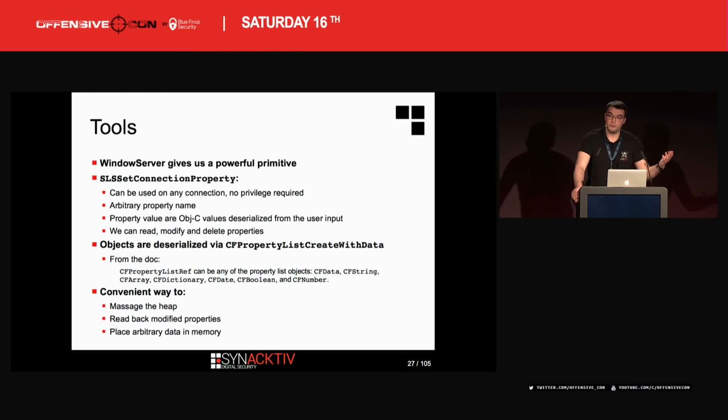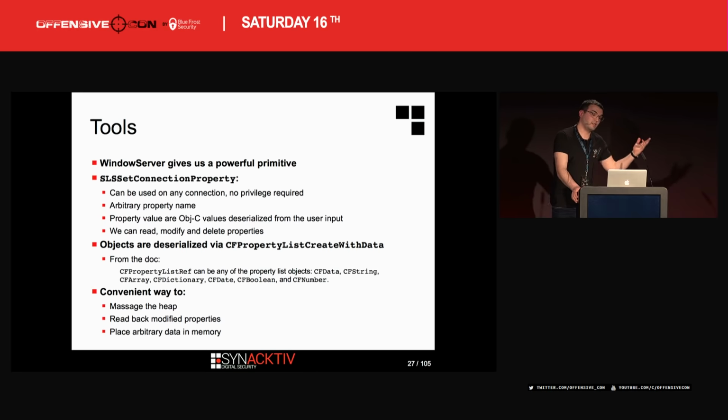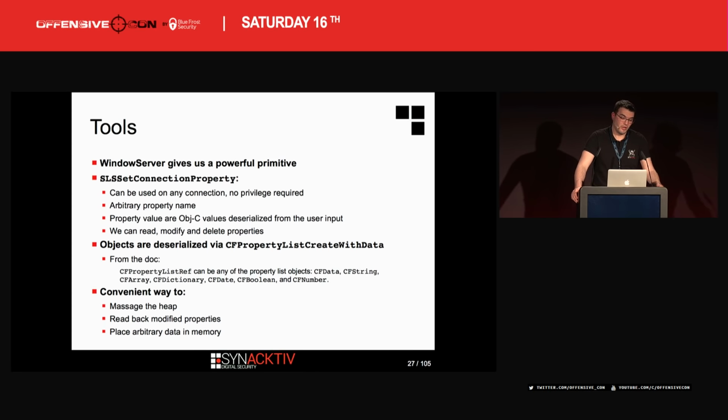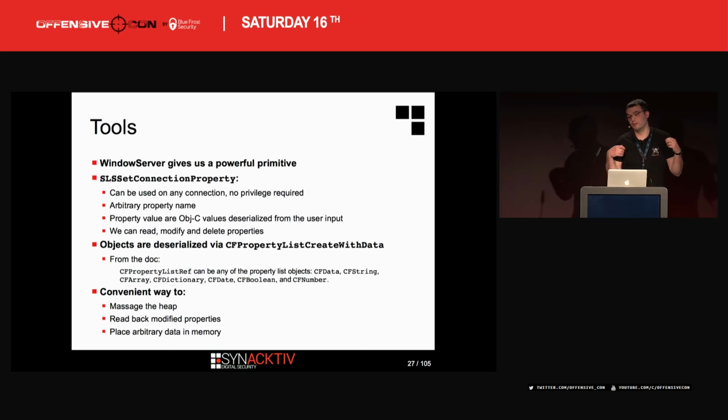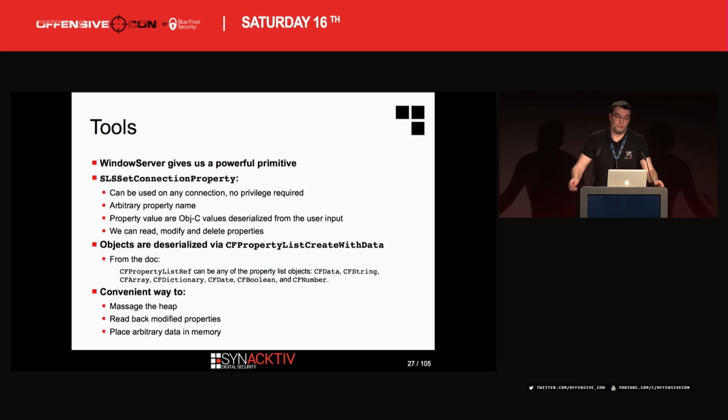Later we can read, delete, and modify those properties. So this is a very convenient way to massage the heap, or to read back modified properties to leak values, or to place arbitrary data in memory.